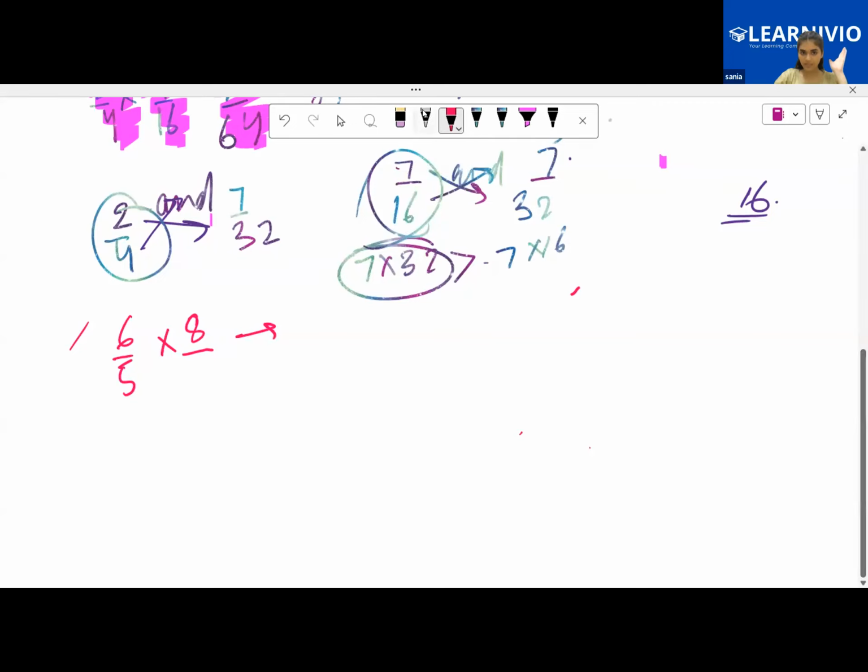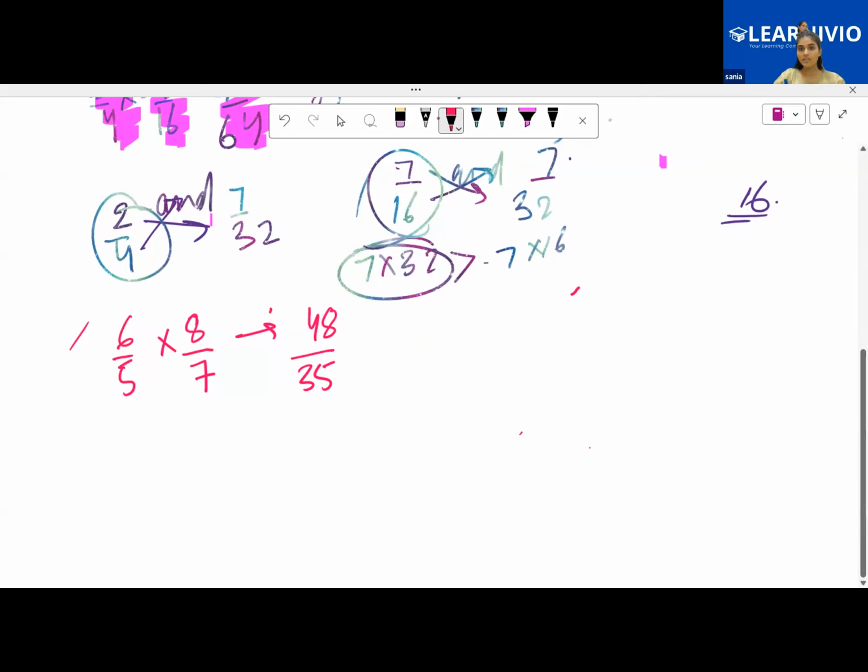Sorry, you can make it 8 by 7. See, 8 by 7 and 6 by 5. Both of these are improper fractions. Now when I multiply them, what will I get here? 6 times 8 is 48, and 5 times 7 is 35. So I'll get 48 by 35.